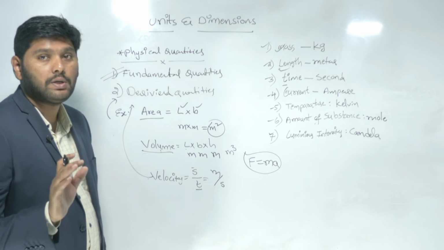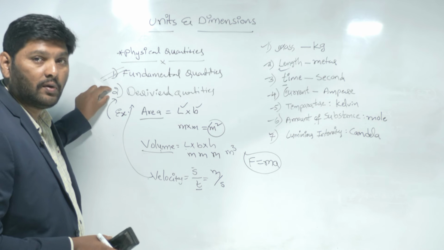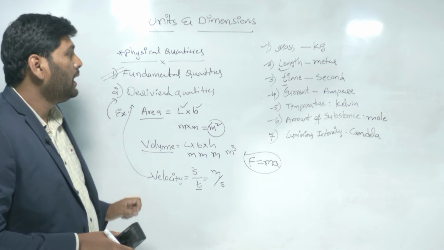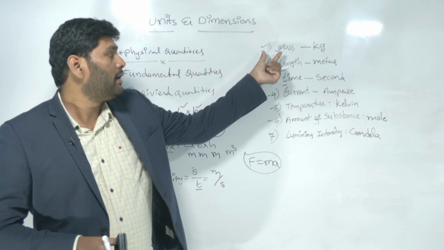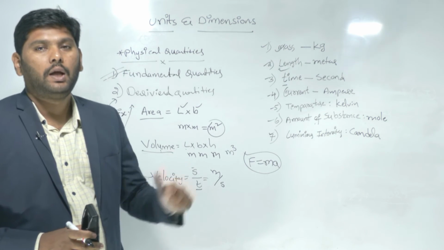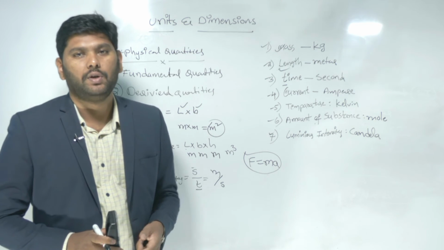I hope you have understood what is a fundamental quantity, what is a derived quantity, how you get units for the derived quantity, and what the fundamental quantities and their SI units are. Before, we discussed the system of units.